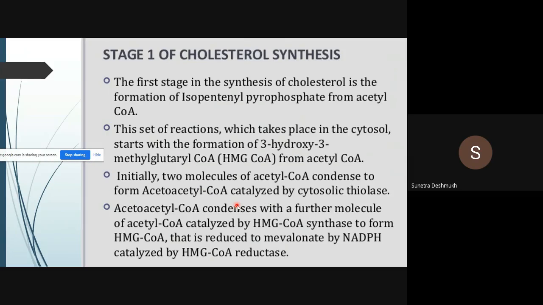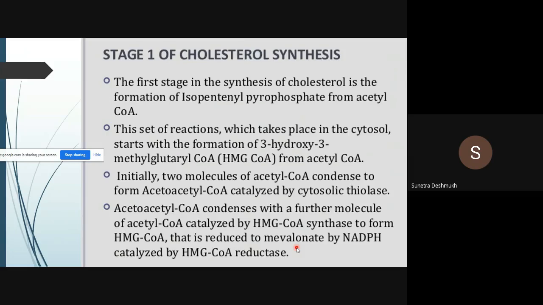Acetoacetyl coenzyme A then condenses with a further molecule of acetyl coenzyme A, catalyzed by an enzyme, to form HMG coenzyme A, and this is reduced to mevalonate by NADPH. In this way we get the mevalonate.